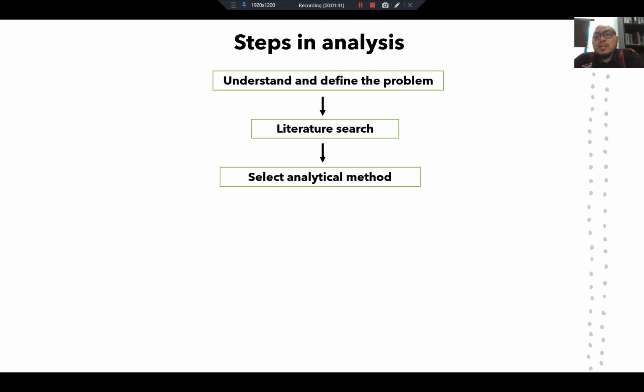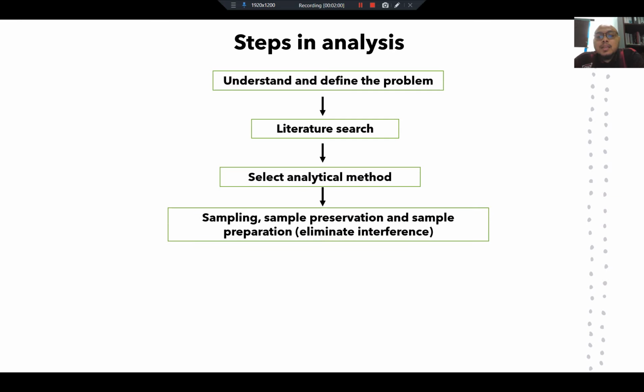Let's say, for example, in your lab you don't have the rotary evaporator, so you cannot choose that particular literature. You need to select the procedure that can be done in your field of work.